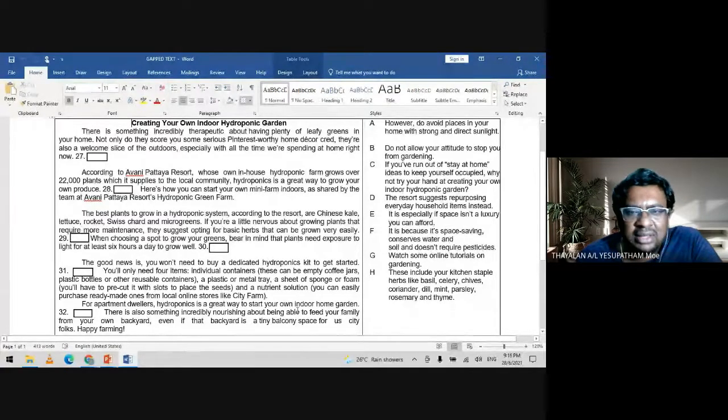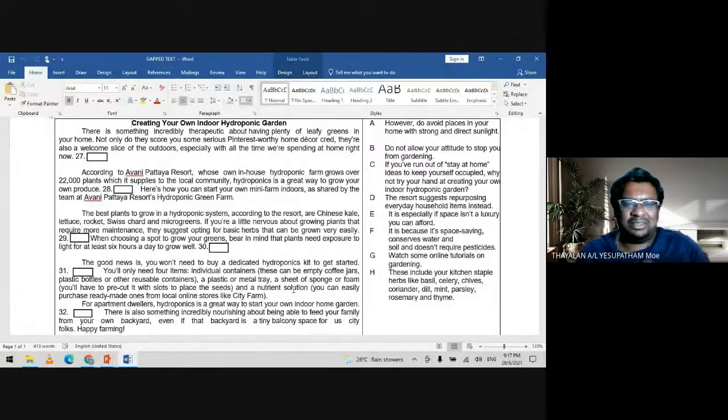These can be empty coffee jars, so there are ways that they are describing. Now let's move on. 32. For apartment dwellers, hydroponics is a great way to start your own indoor home garden. So it speaks about apartment dwellers, whereby you don't have the luxury of place or space.